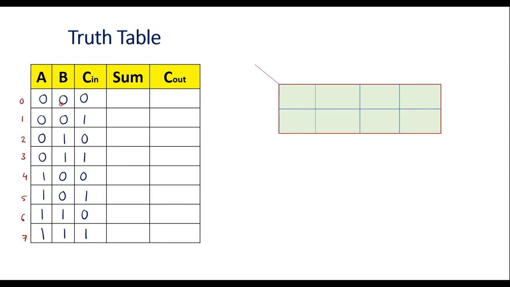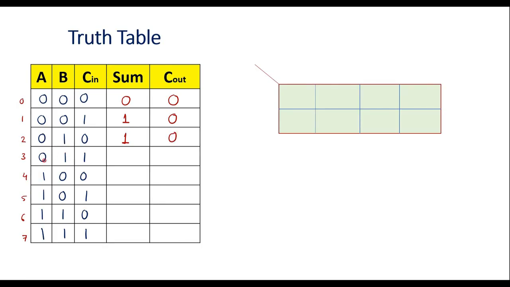When 0 is added with 0 and 0 is added with 0, it produces sum as 0 and carry out as 0. Similarly, 0 0 1 produces sum as 0 and carry as 0. When 0 is added with 1, sum will be 1 and carry will be 0. Similarly, here also we have 0 1 0. It produces sum as 1 and carry out as 0.